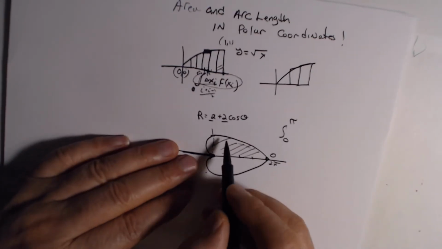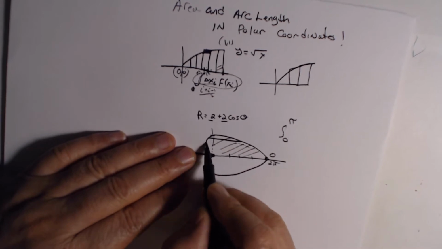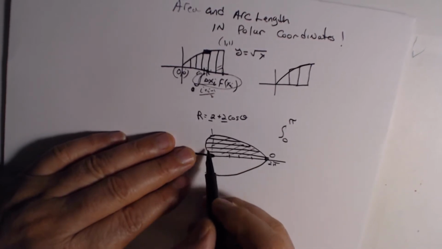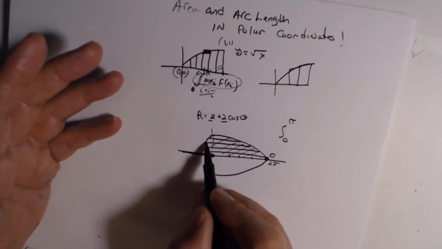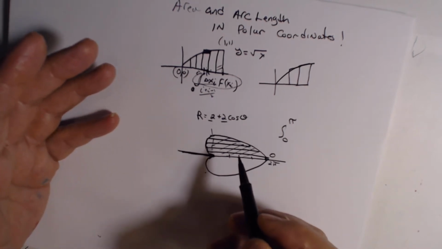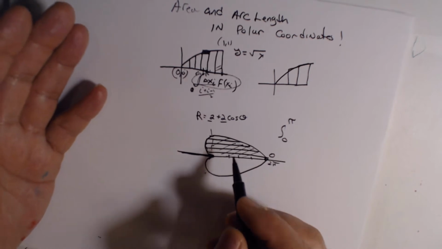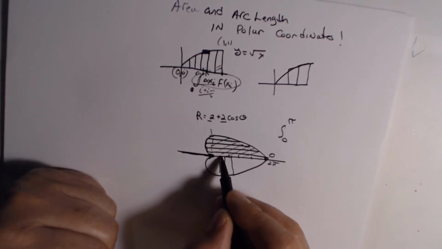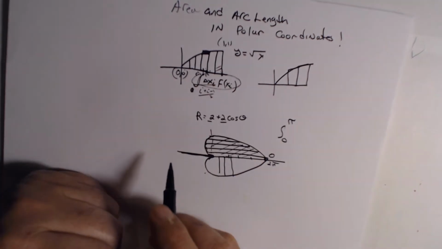If I divide it into horizontal rectangles, I don't have any y to make it fixed. If I divide it into vertical rectangles, I don't have any x to make it fixed.